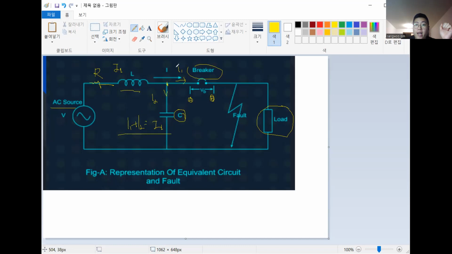But 99%, almost, like 90%, is I1. So in this circuit, actually there is a C, but we think of this as just an RL load circuit in the general situation.